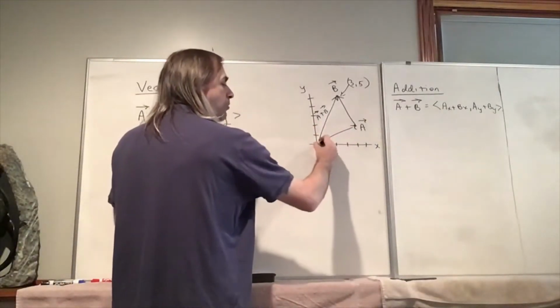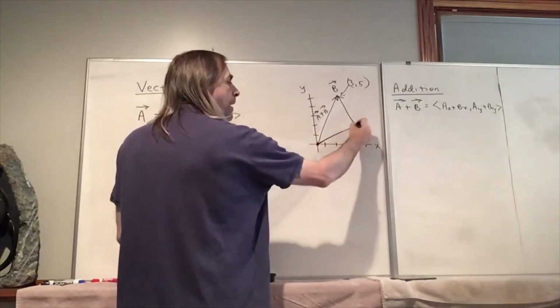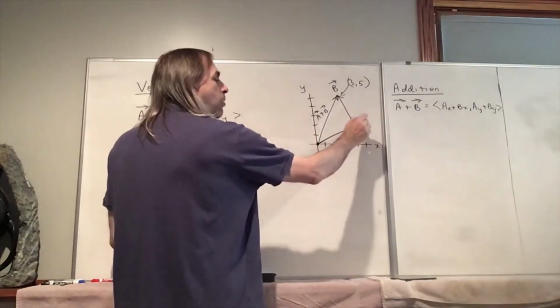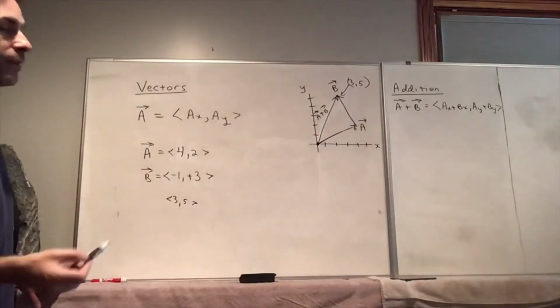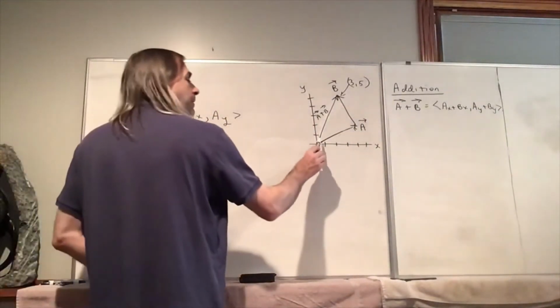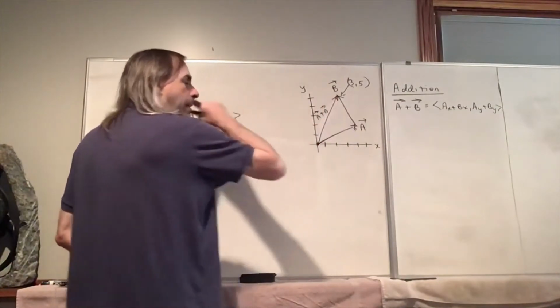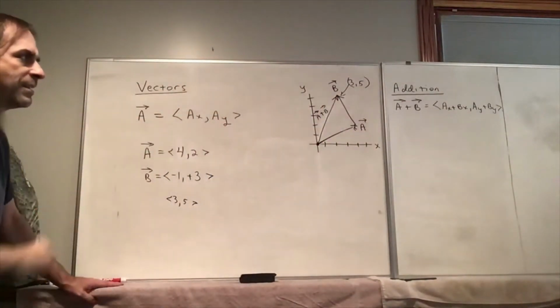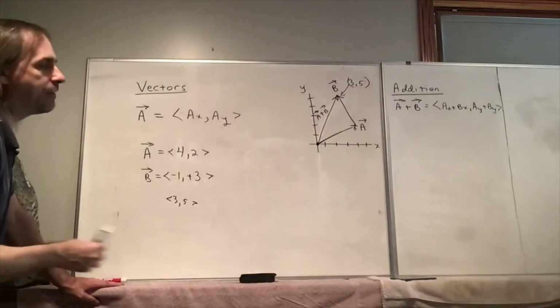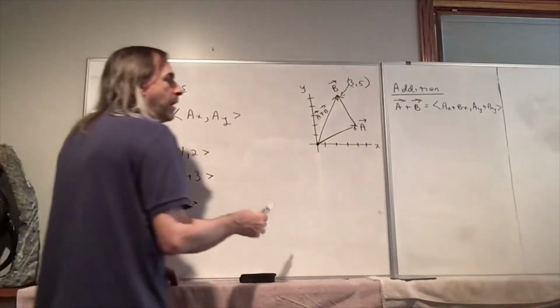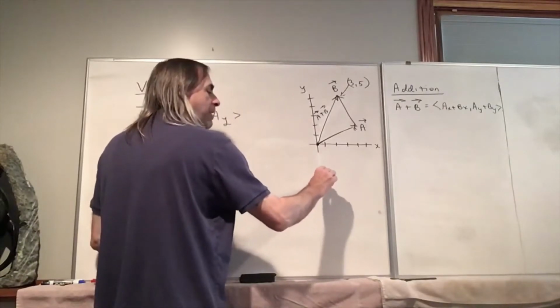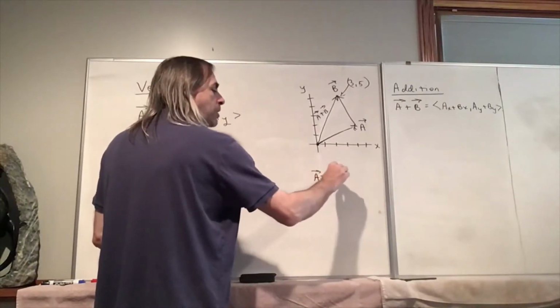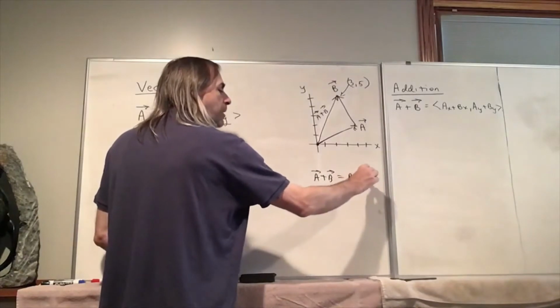We draw A, and then we draw the tail of vector B at the tip of vector A. And the resultant vector starts at the tail of A and ends at the tip of B. It's called tip-to-tail addition. There's another way to do it, though. Remember I mentioned earlier a critical rule for vectors is A plus B equals B plus A.